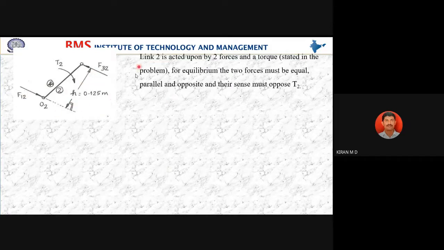Now link 2 is acted upon by 2 forces and 1 torque, torque because of rotating. You know this direction because this is the connecting rod direction. Are you following? And you know this F32 is 8.8 kilonewton, so the opposite direction you can write.